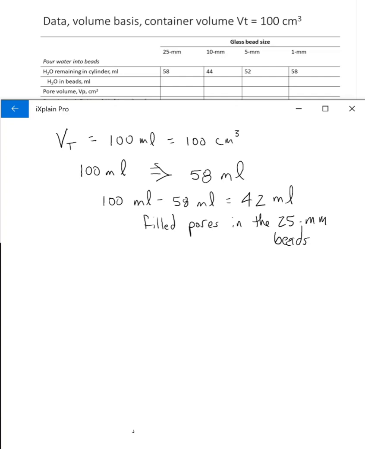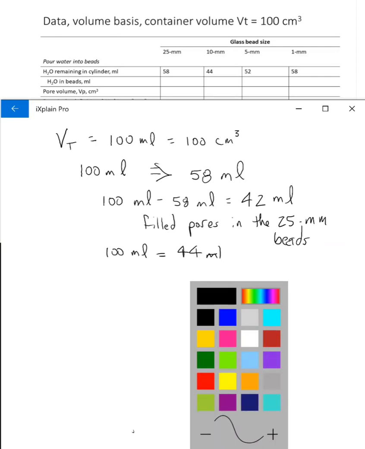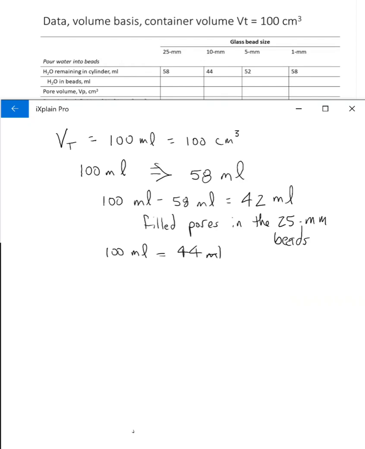We can do the same process as we work our way across. And we say, well, I've got 100 milliliters minus 44 milliliters. That was supposed to be minus. There we go.